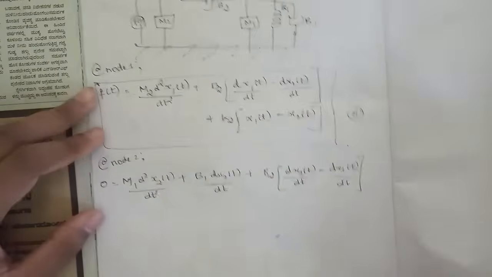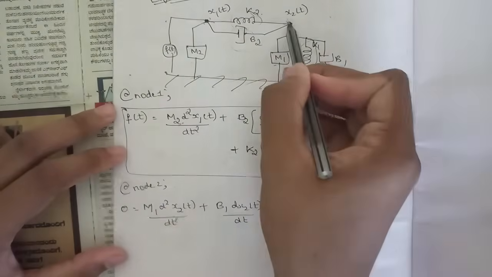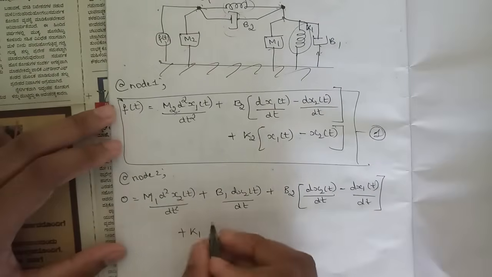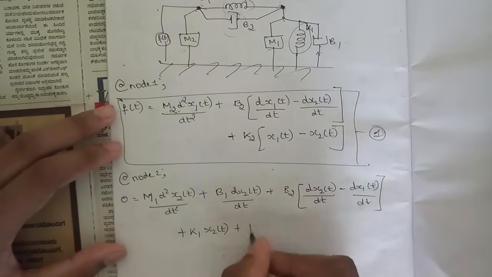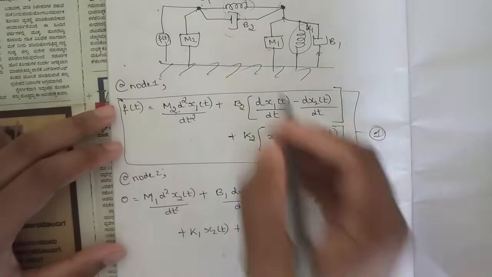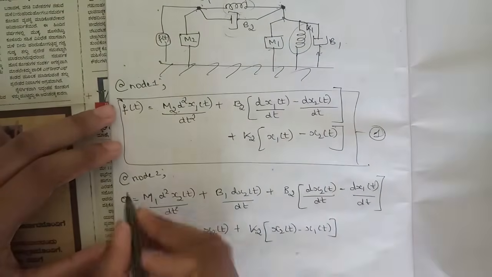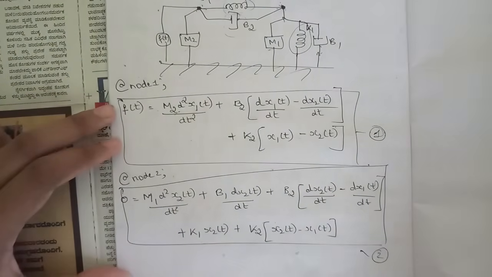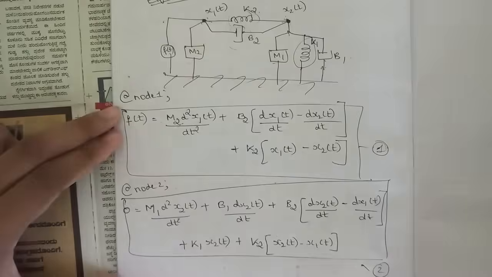Plus, it's not done yet, one is k1 into x2 of t, plus k2, which is attached between these two nodes, so k2 into x2 of t minus x1 of t. This is one more equilibrium equation. Name it as equation 2. So these are the two equations for node 1 and node 2.